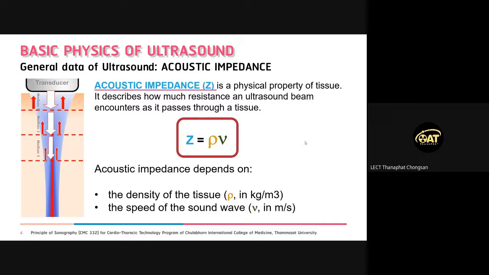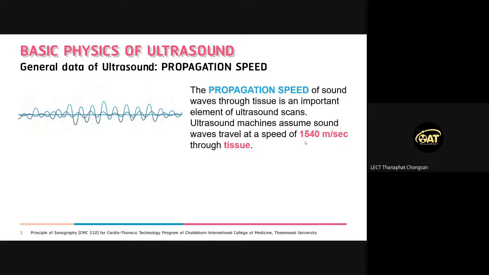For basic information, if human tissue has high density, or high rho, the acoustic impedance will increase as well. In addition, from the previous formula, rho multiplied by V, we still don't know the parameter of sound speed in tissue.